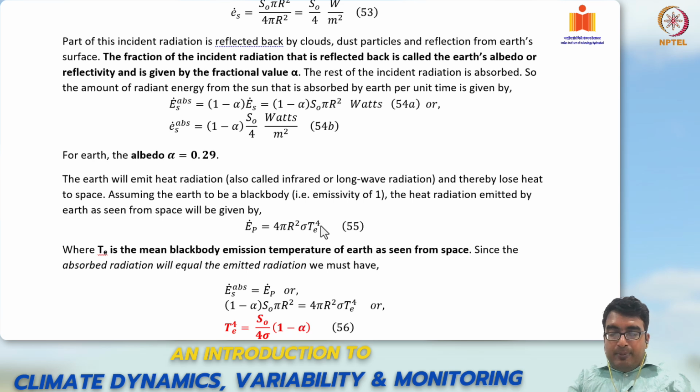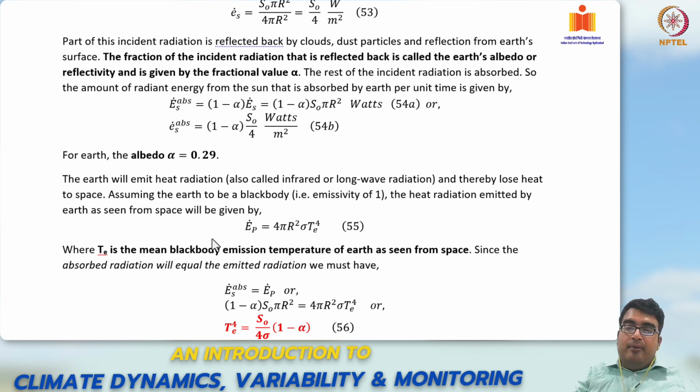Now, at equilibrium, the total energy being absorbed by the Earth from the Sun should be equal to the total energy being emitted back to space by Earth. If these are not in thermal equilibrium, the temperature of Earth would steadily increase. As the temperature increases, the total emitted energy also increases with the 4th power of temperature.